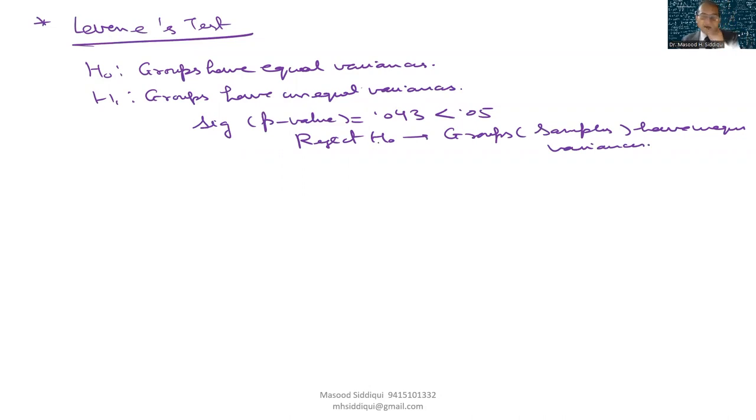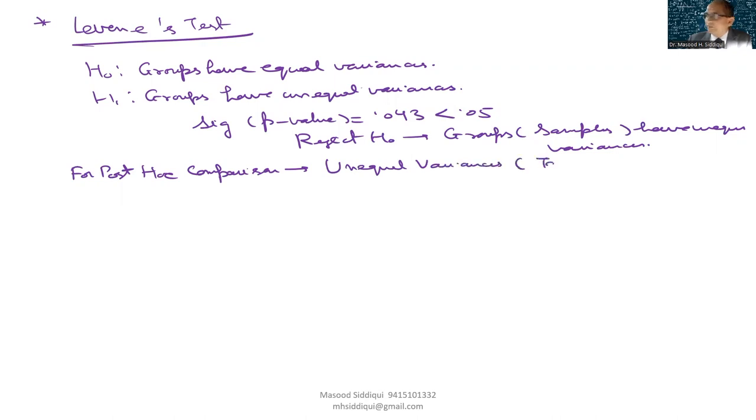Since groups or samples have unequal variances, for post hoc we should consider the case where variances are unequal, right? So for post hoc comparison, we should look for the unequal variances case, or Tamhane. Tamhane statistics we are going to discuss.